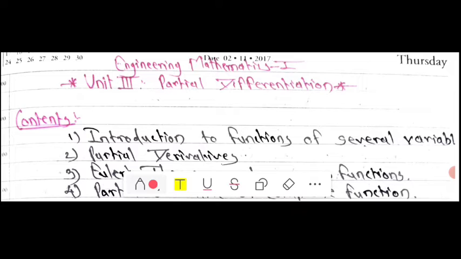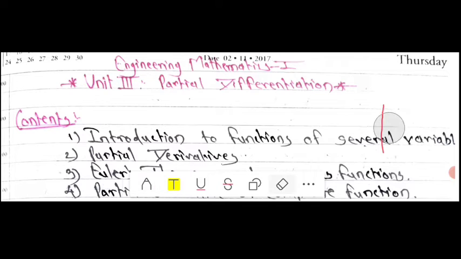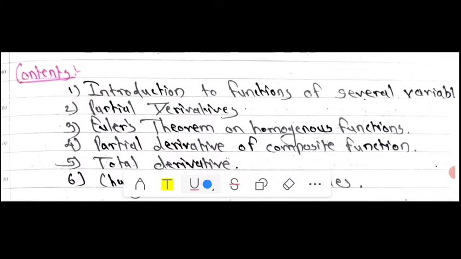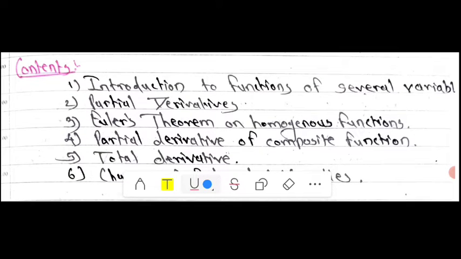In today's lecture, we will discuss unit number 3, which is partial differentiation. The contents involved in this unit are: first, the introduction to functions of several variables. Second, the concept of partial derivatives.